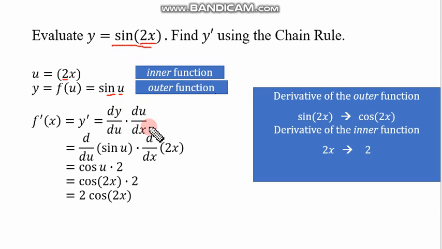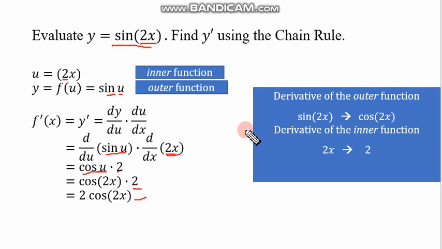The f prime of x according to the chain rule is dy/du times du/dx. So the derivative of sine u is cosine u, and the derivative of 2x is 2. We get u back to its original value, 2x, so cosine 2x times 2. The final answer is 2 cosine 2x.